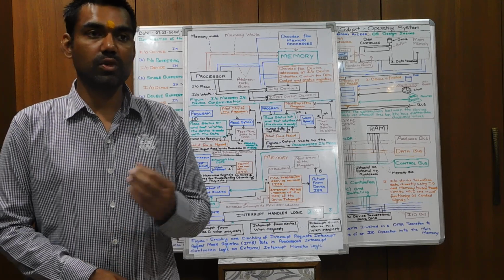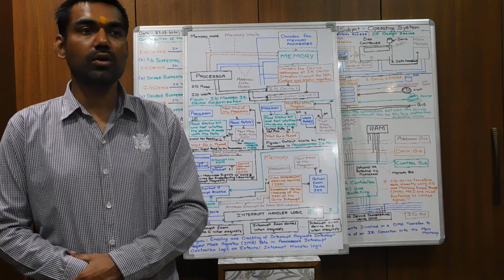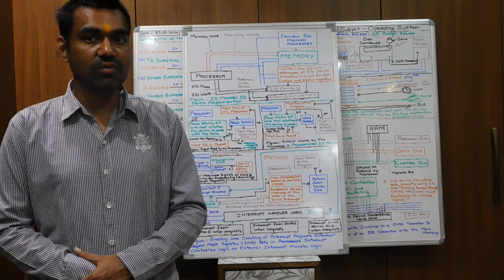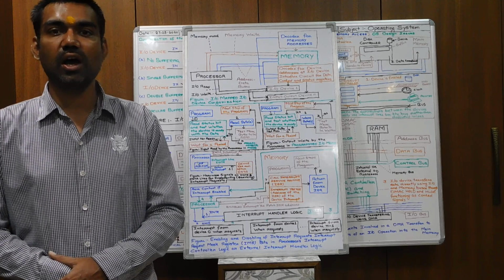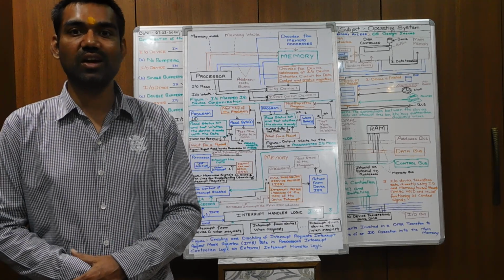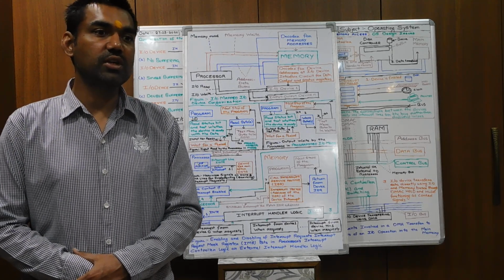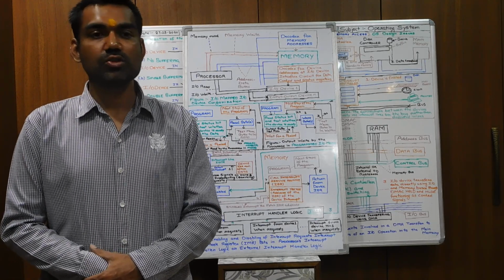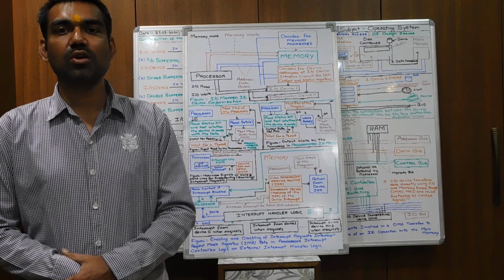So the program goes to the busy waiting state where the processor is repetitively checking the status of the I/O device, whether it is ready or not, and also checking the status of the buffer for the availability of the data. Meantime the processor is not doing any work.